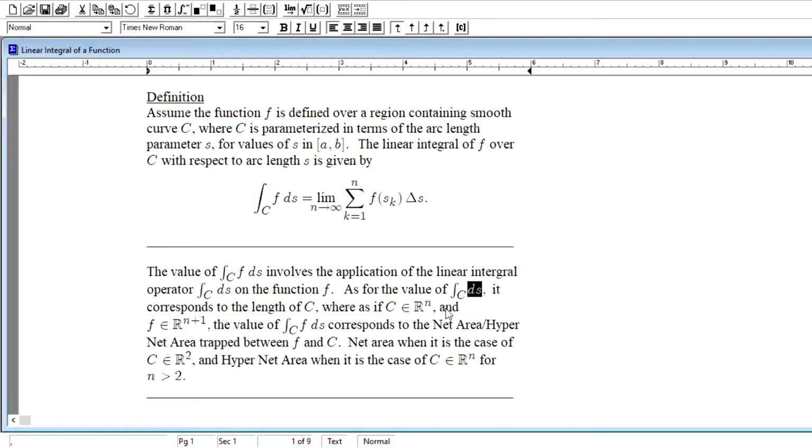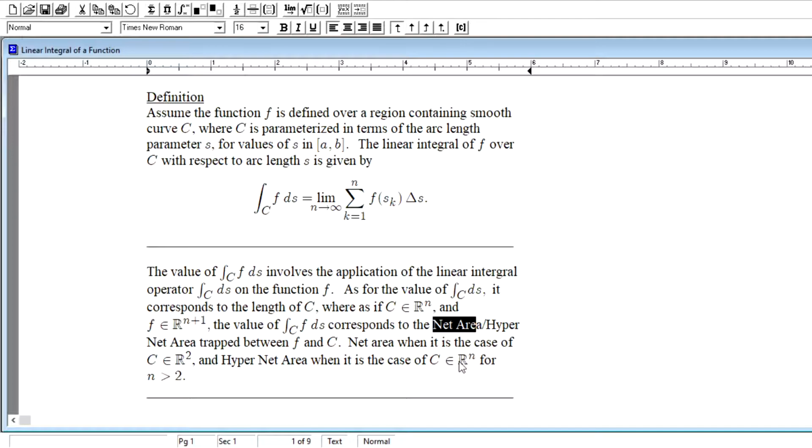curve C. Whereas if C, we can go on to say, exists in n-dimensional space, and function f exists in one dimension higher than that of the space where curve C exists in, when we apply the linear integral operator to that multivariable function f, what it corresponds to is what we say is net area.